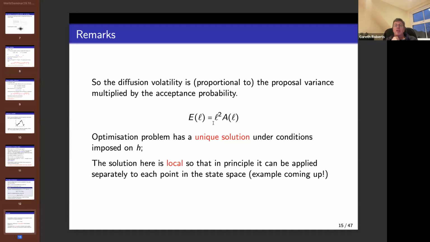Okay, so this optimization problem, because of the conditions we imposed, has a unique solution. And the nice thing here is that the solution is kind of local. So in principle, you can apply it separately in different parts of state space, and there's an example of that coming up.